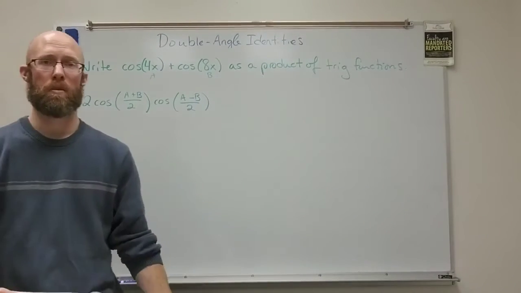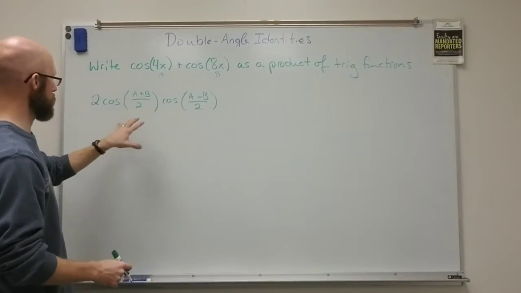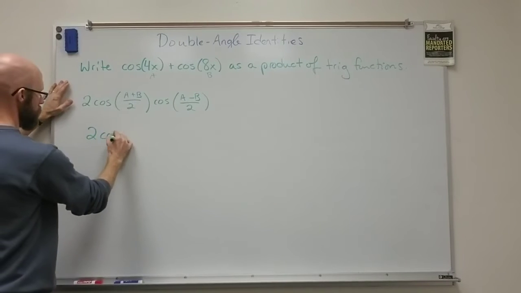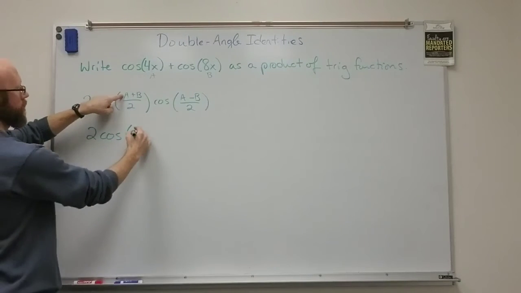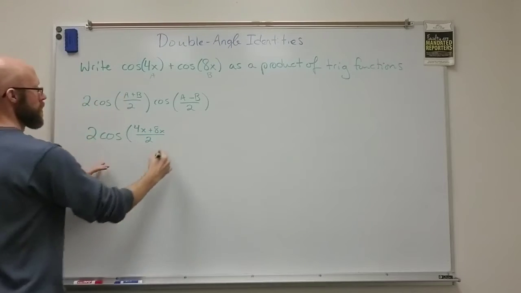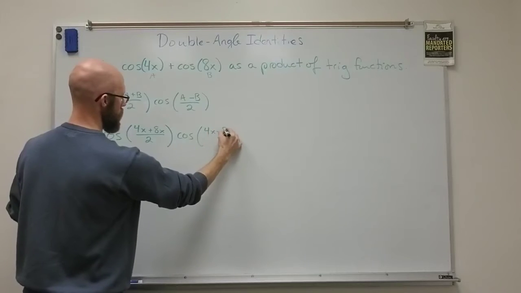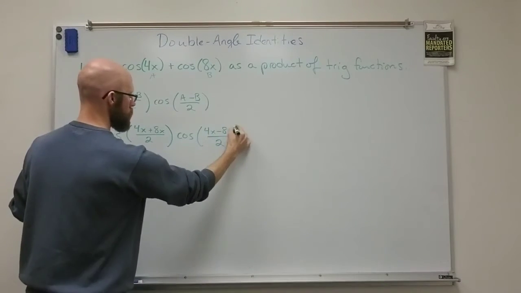And so then we're just going to plug everything in as needed. The A and the B get plugged in here, so we get 2 times the cosine of 4x plus 8x over 2 times the cosine of 4x minus 8x all over 2.